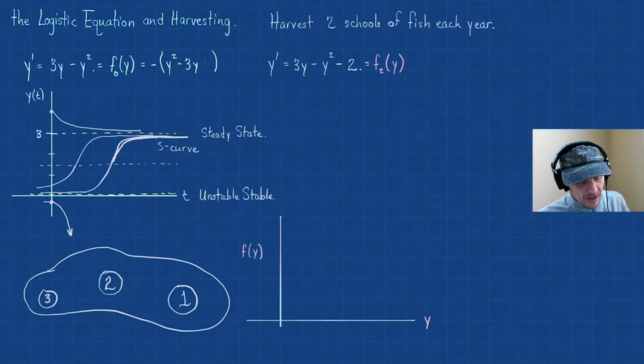So I'm going to add 9/4, and subtract 9/4 times the -1, because I have to remember that -1 out in front. So effectively, we're adding 9/4. So this is, in vertex form, minus y minus 3 over 2 squared, plus 9/4.